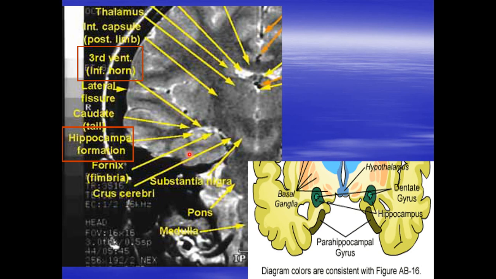You can see the tail of the caudate nucleus at the roof of the inferior horn of the lateral ventricle. The floor is the hippocampus and the roof is the tail of the caudate nucleus, and at the end of the tail of the caudate nucleus, which anatomical structure is present? At the tail of the caudate nucleus, what is the mass of gray matter that is seen at the tail of the caudate nucleus?